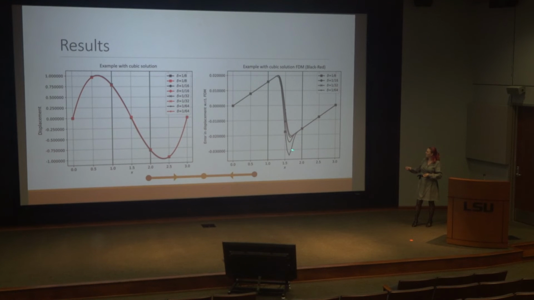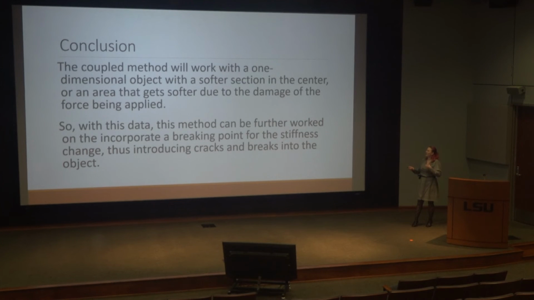You can see it more in this graph where the difference of the delta comes into play, with the graph on the bottom being the largest delta or the smallest number of points, and the graph on top being the largest number of points. You'll notice that the difference graphs are very small, which means that our model is probably right, which means that it can handle the stiffness getting lower in the center, which means in the future, actual damage could be put in so that the model could actually function.